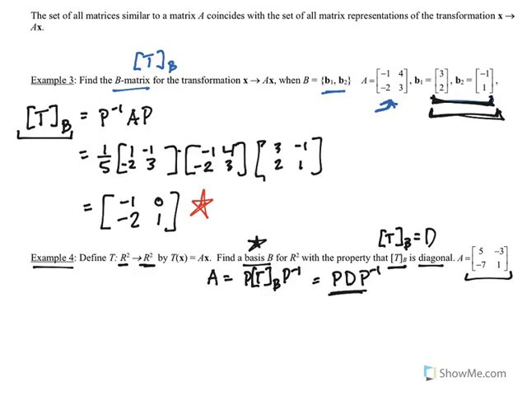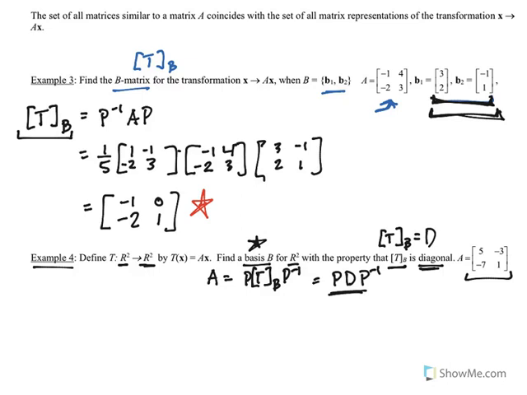The eigenvectors will give me a basis for R2, because if this is a diagonalizable matrix, which is kind of a given condition, it is going to give us 2 linearly independent vectors, which should automatically form a basis for R2.